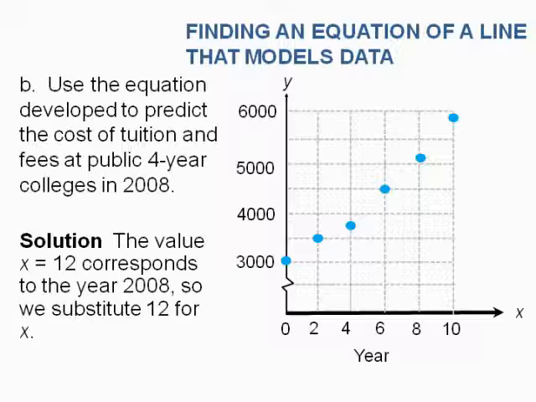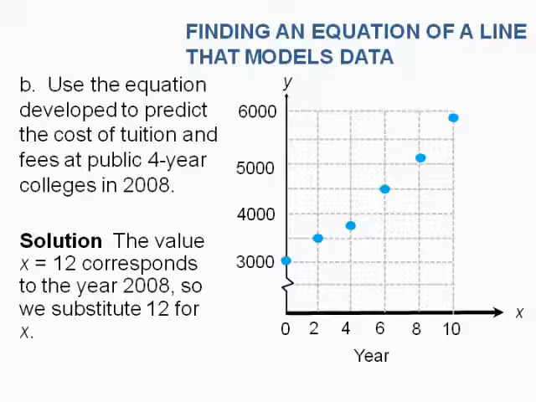Now it goes on to the next one. It says use the equation developed to predict the cost of tuition and fees at a public four-year college in 2008. Notice here it says the value of x equals 12 corresponds to the year 2008. So we substitute 12 in for x.